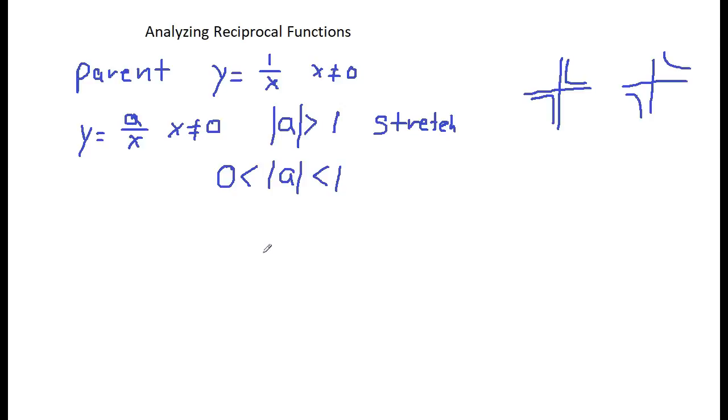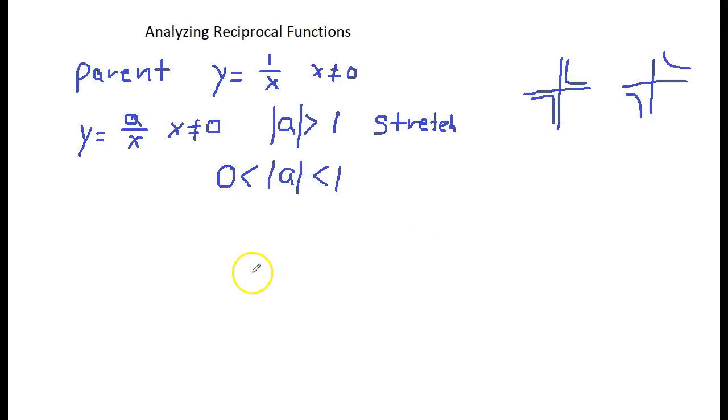So what does that mean? It makes it hug that x-axis much tighter than the y-axis. It sucks it in. So stretch pulls it out, shrink pushes it in.